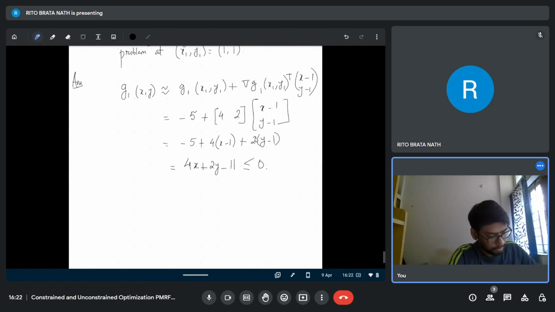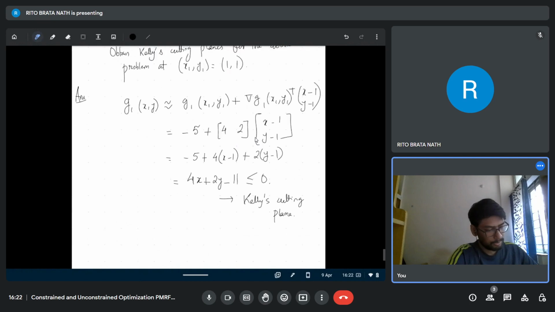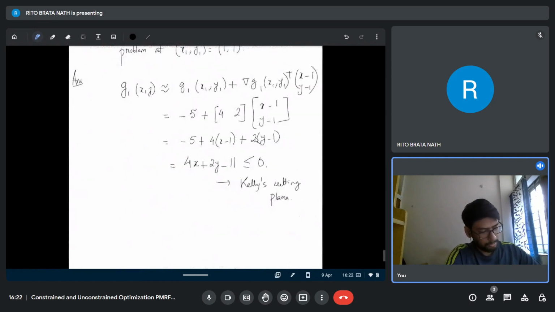So this could be one Kelly's cutting plane. I think this should be clear to you.